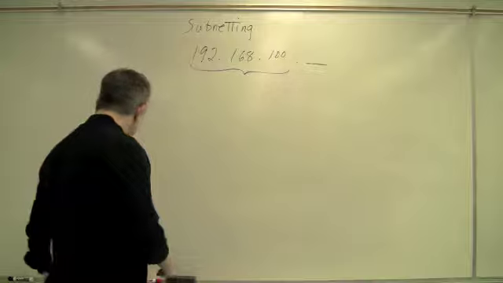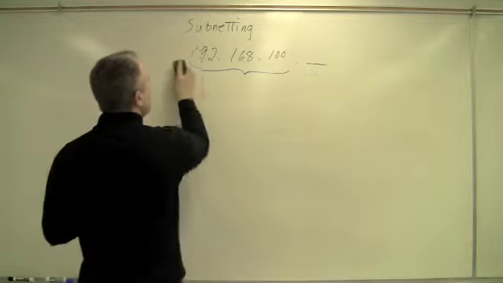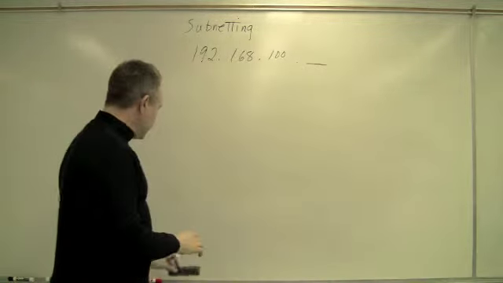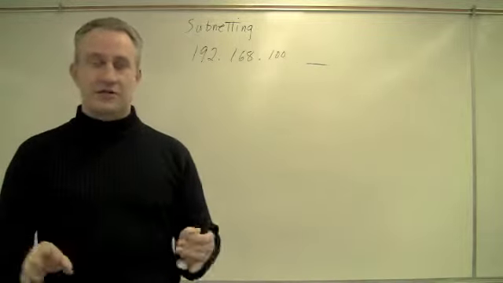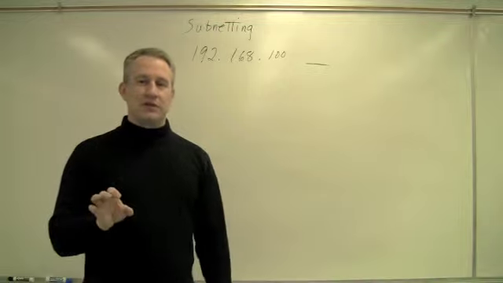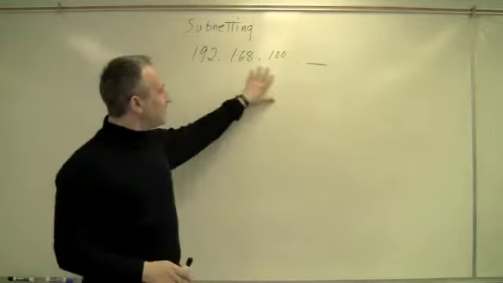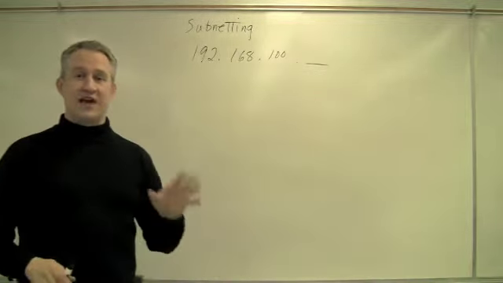So we'll look at how we can go about doing this. In our case, we're using a Class C address. And so the only bits that we're going to work with, and this applies to all classes, A, B, or C, the only bits that we work with and manipulate are the host bits. So we can pretty much forget about our network bits altogether because they're not going to change at all.